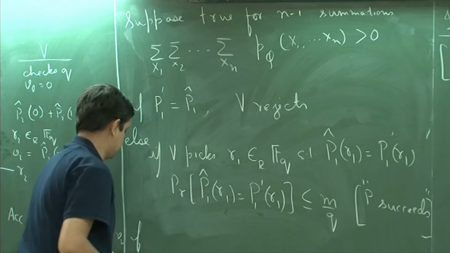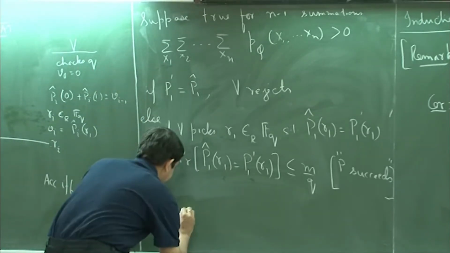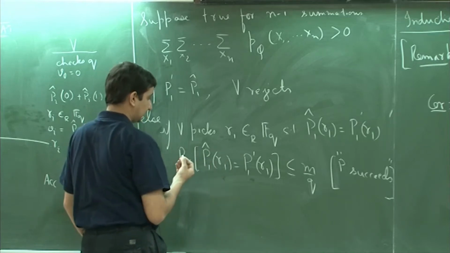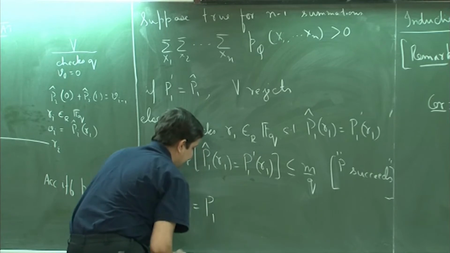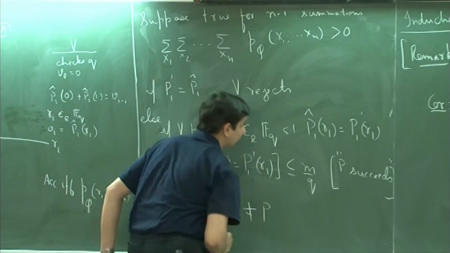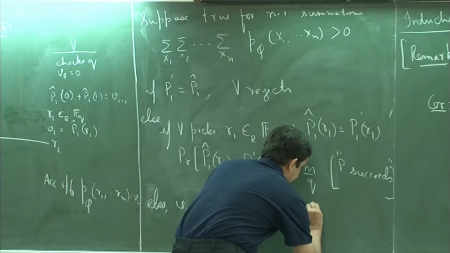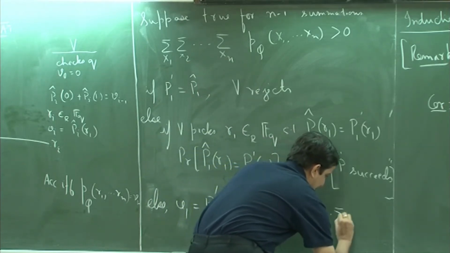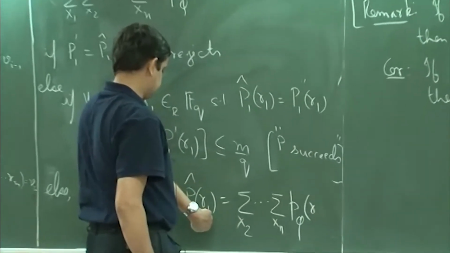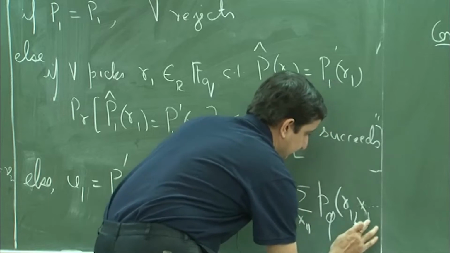Else, the V1 that the verifier computes, which is nothing but P1 prime at R1, is not the same as P1 hat at R1, which by definition is equal to the sum over x2 up to xn of p at R1, where the first point is evaluated at R1 and the remaining are the bound variables, from x2.